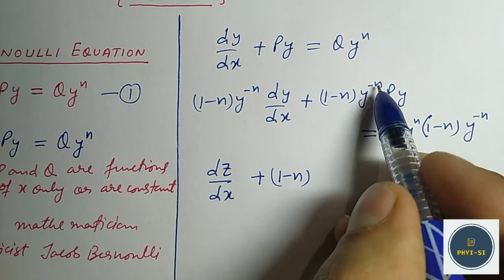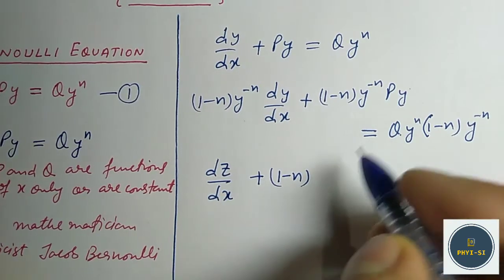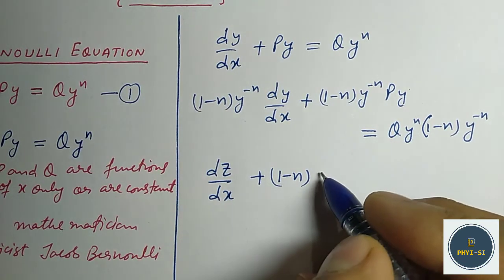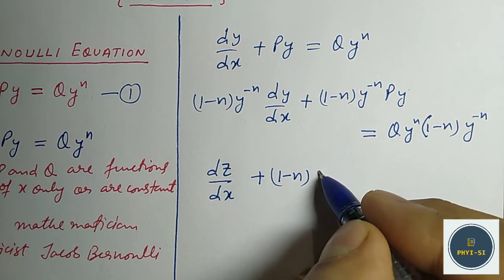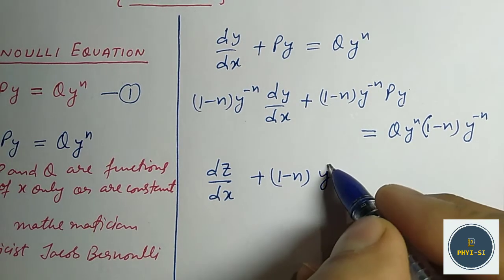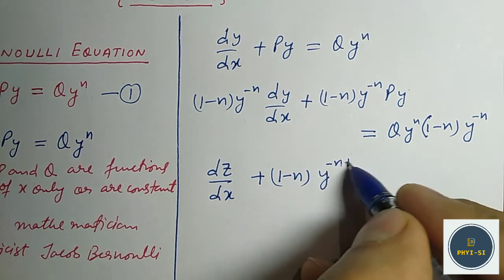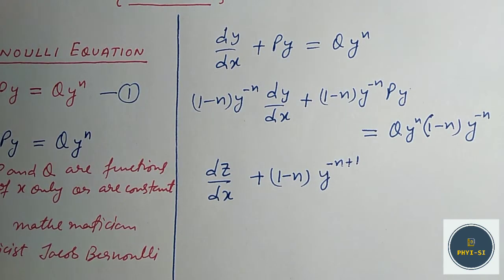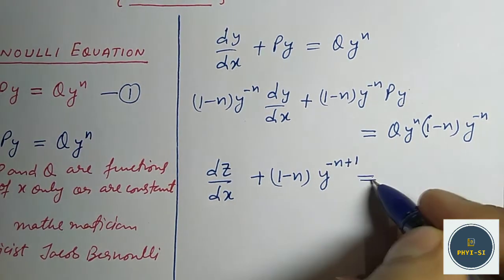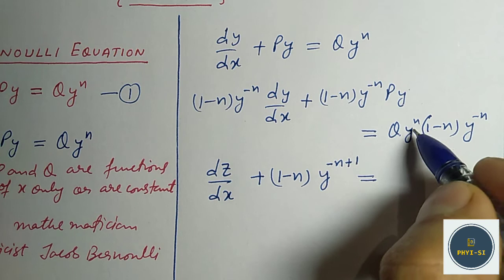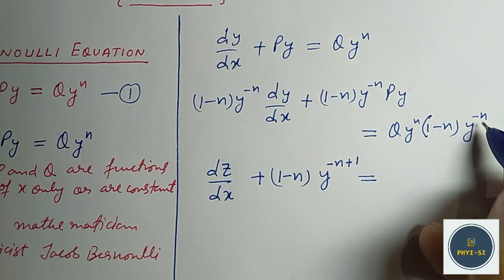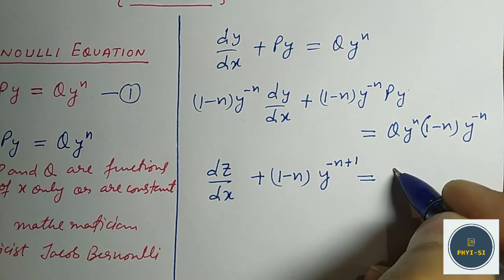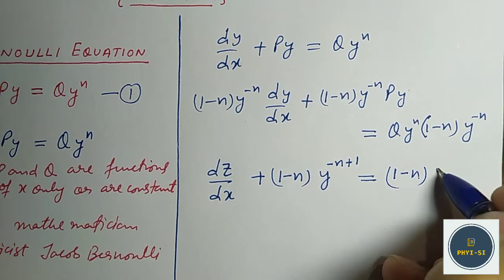This is y raised to power minus n and this is y raised to power 1, so I can write y raised to power minus n plus 1. And finally this is y raised to power n and this is y raised to minus n, so this can be cancelled out and it will become 1 minus n into q.